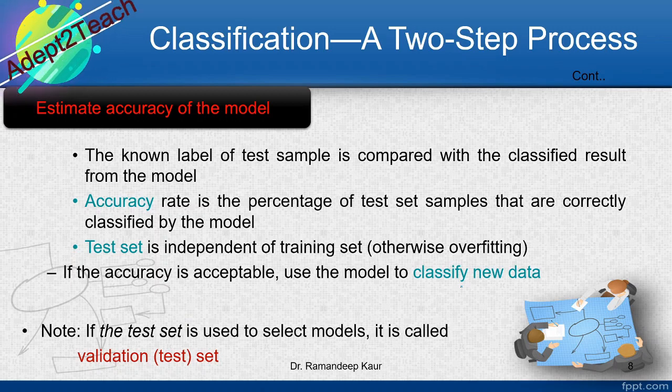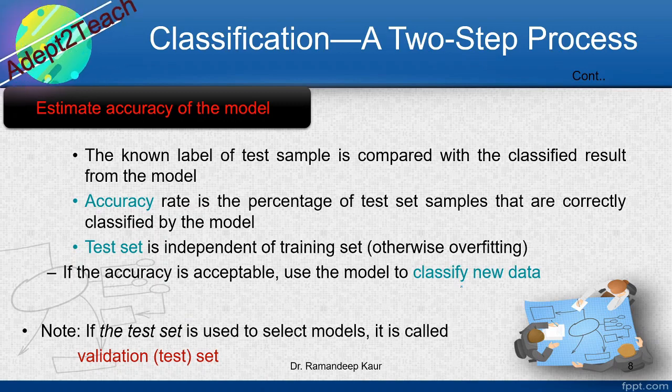Whenever we give the training set to the system, it is altogether independent from the test set, because if both are the same, then you will get the same output. You can't identify whether it is classified correctly or not. This is called overfitting. If the training data set and test data set are both the same, how can you expect to know whether the system is giving accurate output, because that data is already provided?